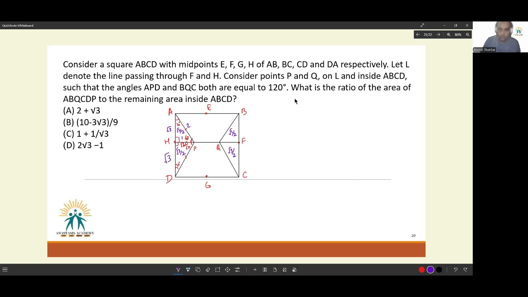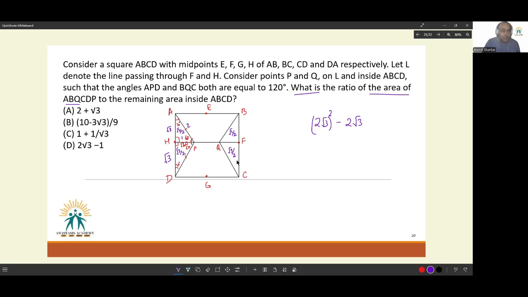Okay. Finally, they've asked me what is the ratio of area of ABQCDP, this portion, to the remaining area inside ABCD. Can I say area of ABQCDP will be area of the square minus the areas of the smaller triangles outside? Area of the square will be 2 root 3 whole square minus 2 root 3.